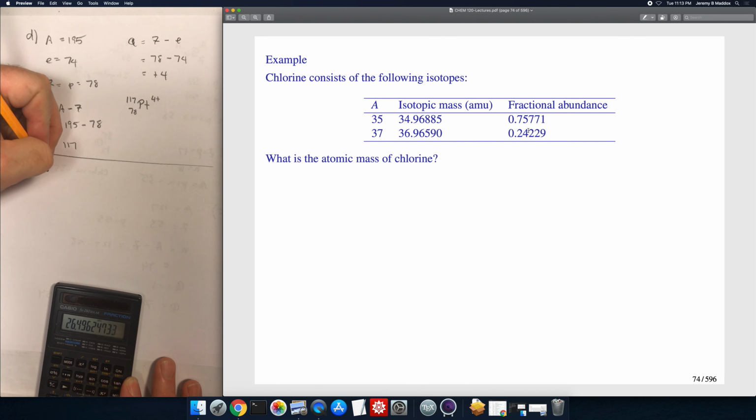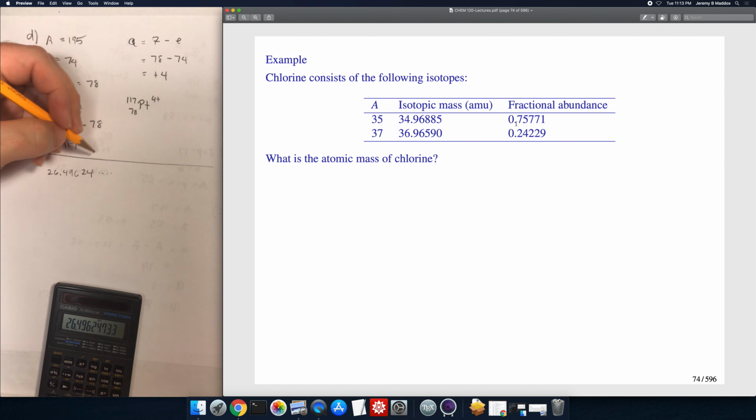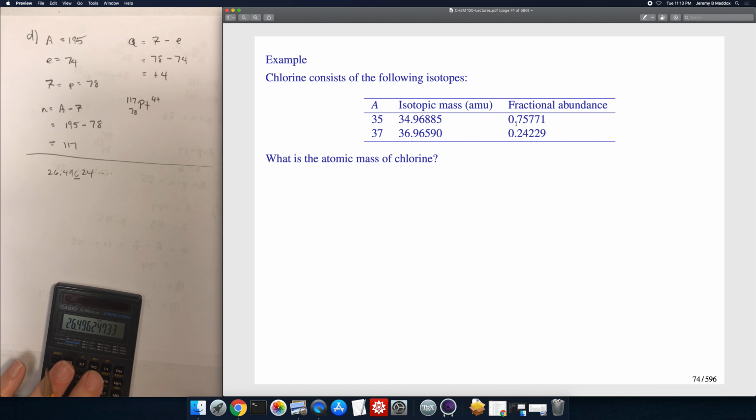I'm going to go ahead and write down that number, 26.49624 and some change. And I want to take a quick look here at the sig figs. You'll notice that this number has 1, 2, 3, 4, 5 sig figs. This one has more. We're multiplying here, so this number should only have 5 sig figs. 1, 2, 3, 4, 5. That's the last significant figure there.